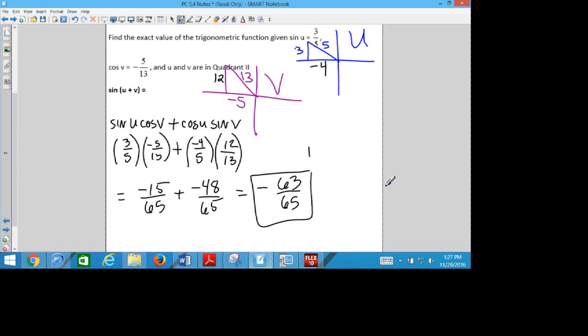So try the next one on your own. Draw the pictures, find the other angle, or find the other sides, pull up the formula.